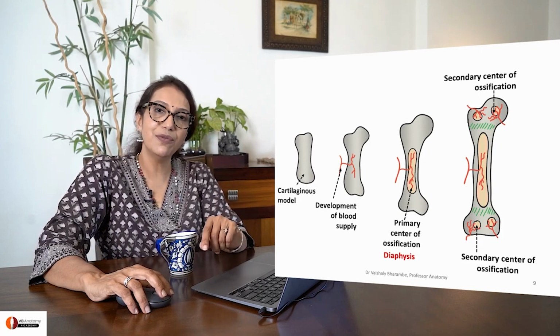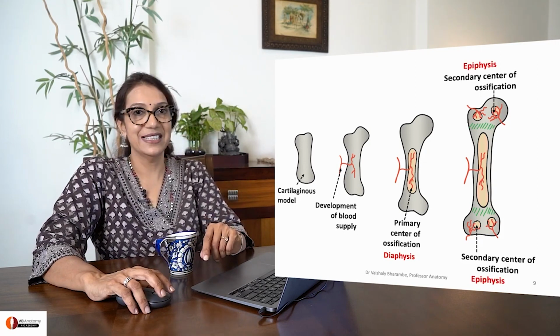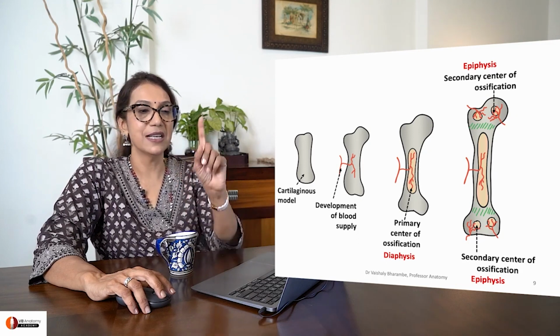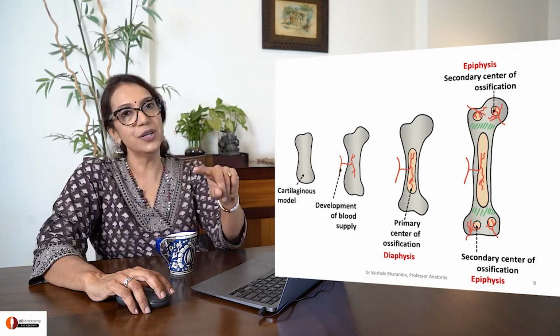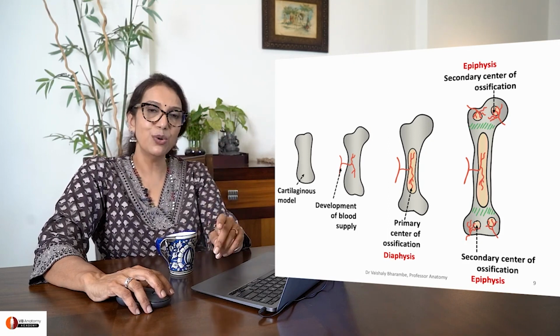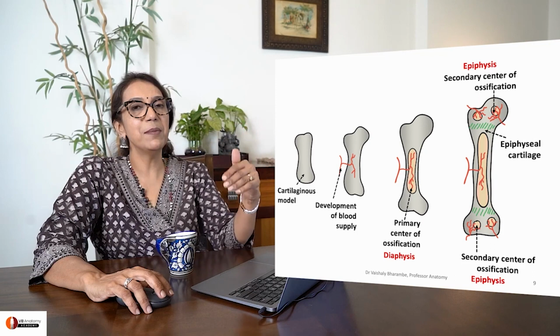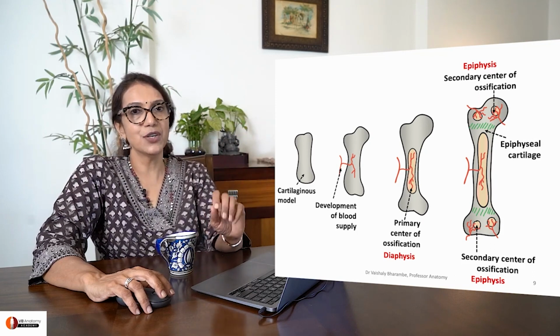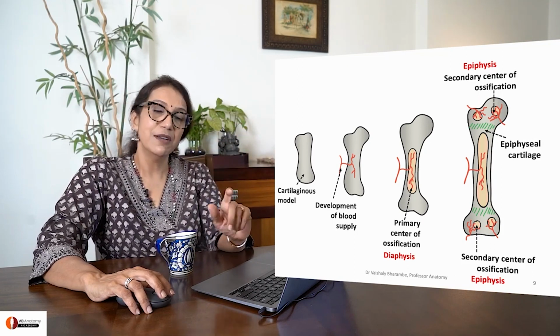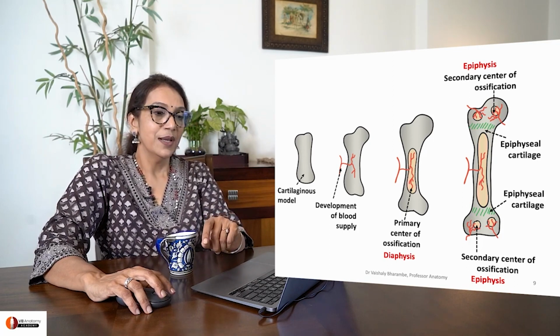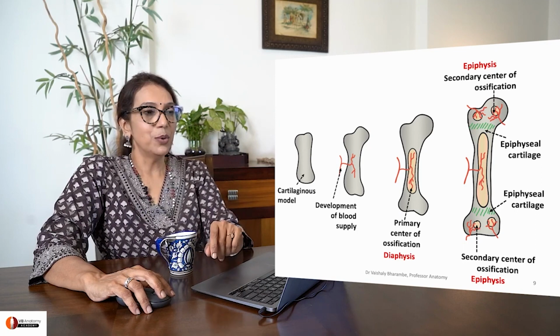This will develop to form the epiphysis. Got it? So, primary center of ossification, diaphysis. Secondary center of ossification, epiphysis. And slowly, bone will form. Separating the primary and secondary centers of ossification, there will still be a cartilage, which is called the epiphyseal cartilage. It will obviously be at both the ends.